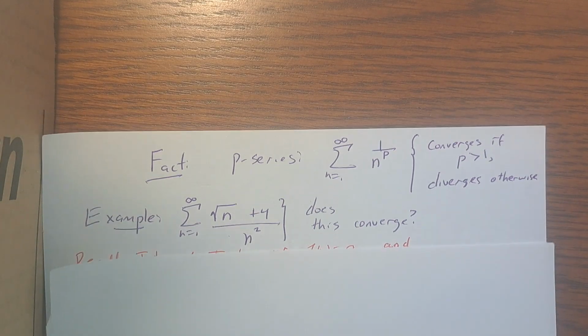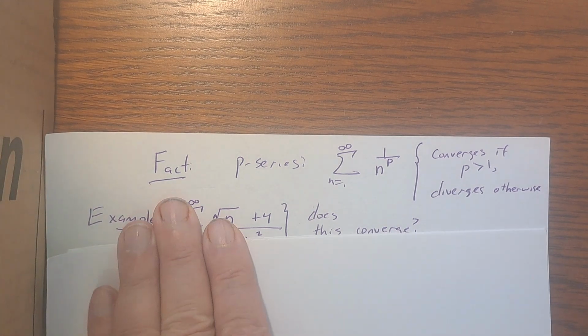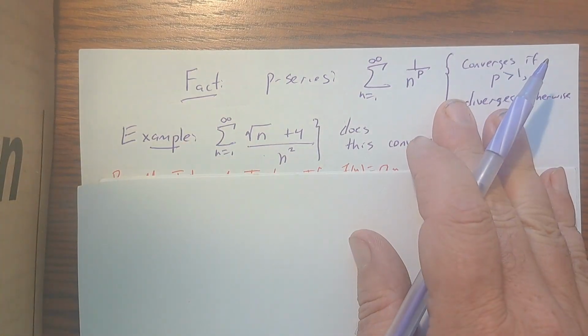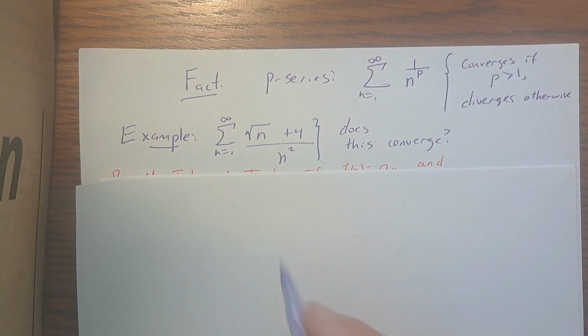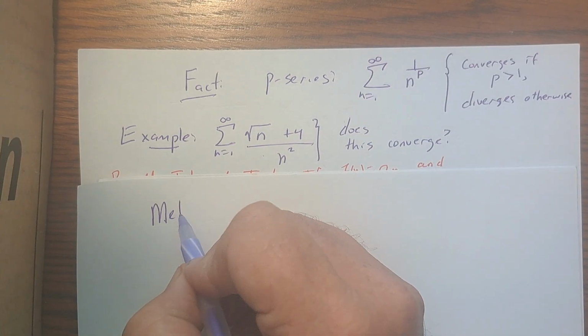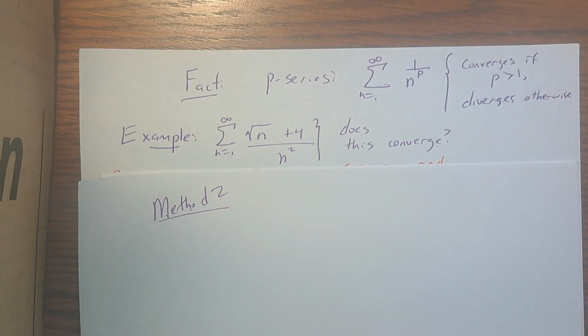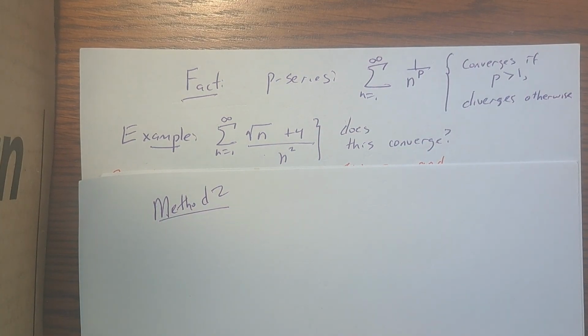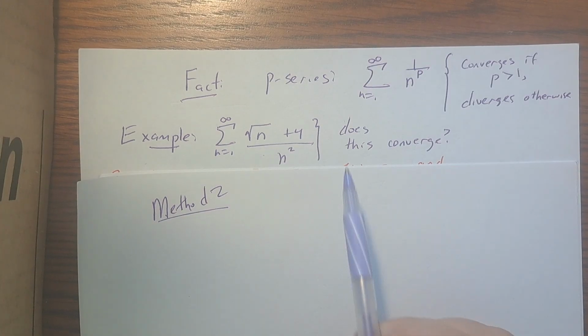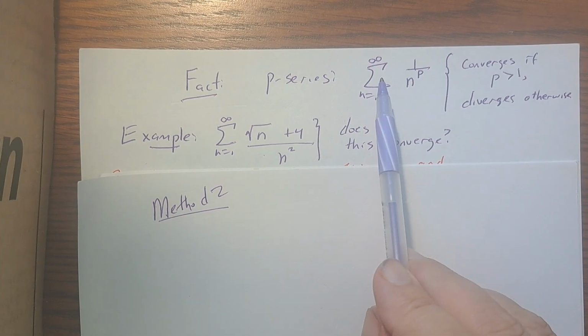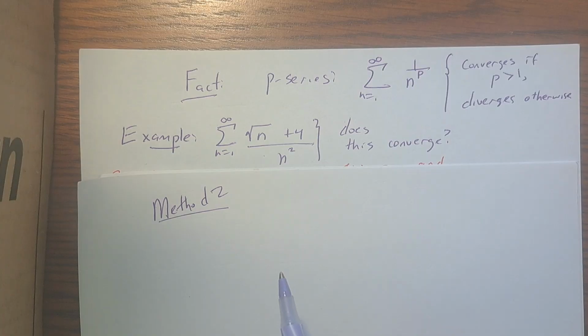So this is going to be method 2. All right, it's not geometric, it's not telescoping. I've already done it by the integral test. The only other thing we know really, at this point, is the p-series for series that converges.